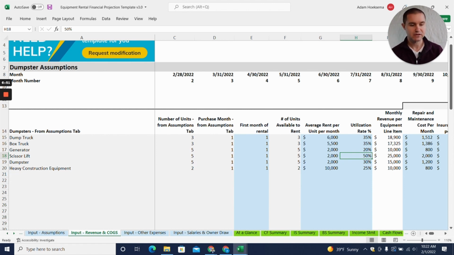So we can enter in those rates there. And then what this line is going to do is take that 6,000 times the number of units times the utilization rate to come up with a monthly revenue per line item.